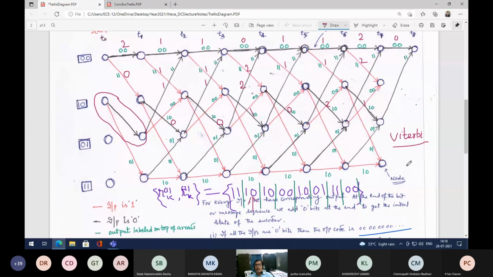And I request all the students to keep this chart. You can redraw a separate trellis diagram without these outputs, so that you will get some clarity. You keep only the Hamming distances. Is it okay?